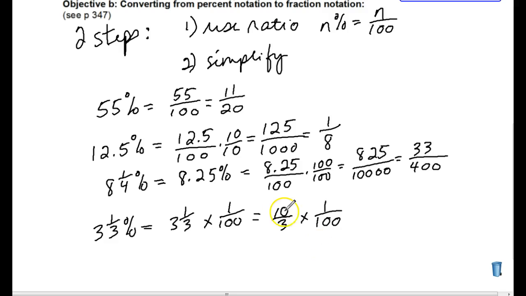Excuse me. I know that the 10 and the 100 both reduce because 10 times 10 is 100. I can multiply the numerators, multiply the denominators. I get 1 over 30. They show that in example 8 on page 348. So here are some notes on converting percents and fractions.